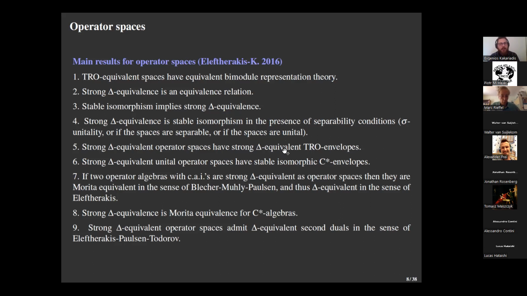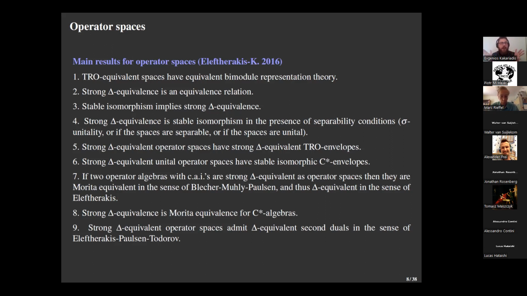As I said, strong delta equivalence, and stable isomorphism implies strong delta equivalence by standard tricks that we would do for C-star algebras. Conversely, if your spaces are separable, or you have some sigma unital conditions on the C-star algebras related to the TROs, or if the spaces are unital, then strong delta equivalence is stable isomorphism, which is good to have.